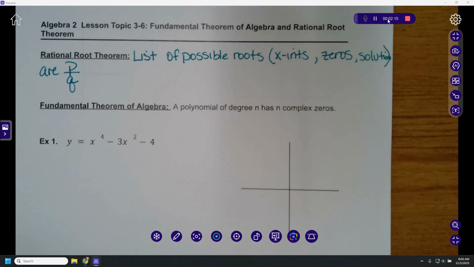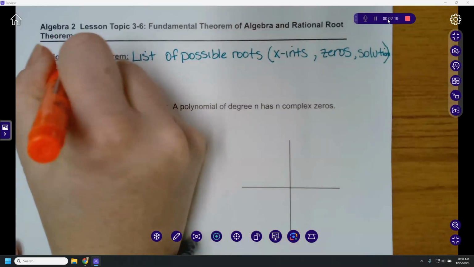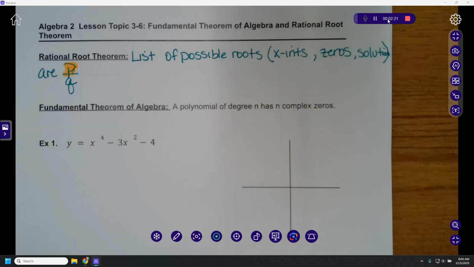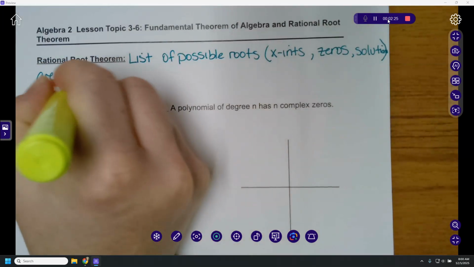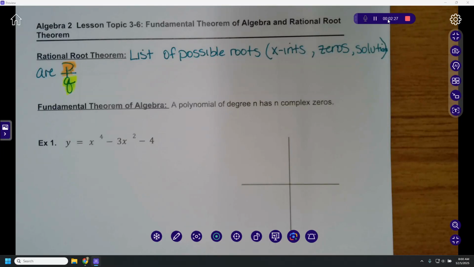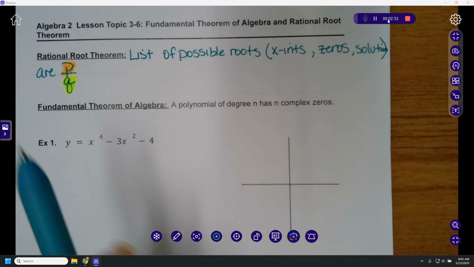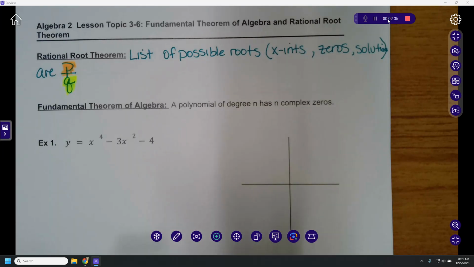They're going to be all fractions, or could be written as a fraction. For instance, the number 3 could be written as a fraction, 3 over 1. Okay, so these would only give us rational potential zeros.